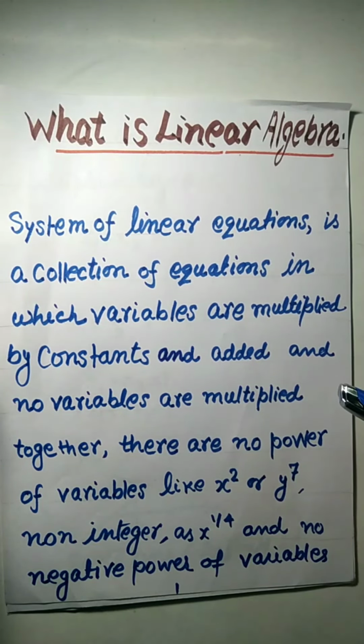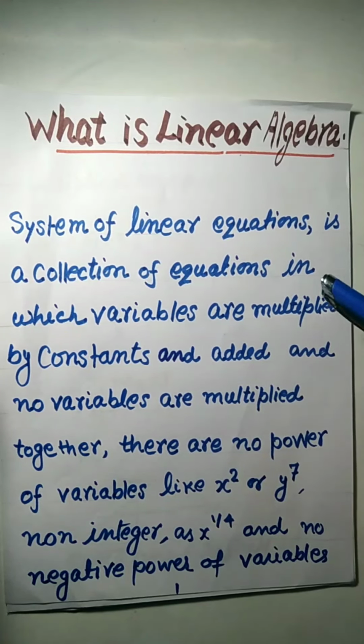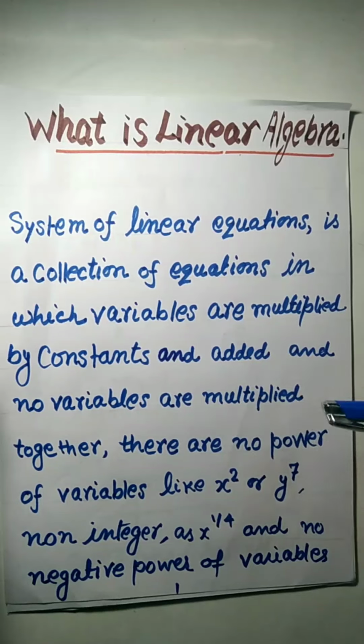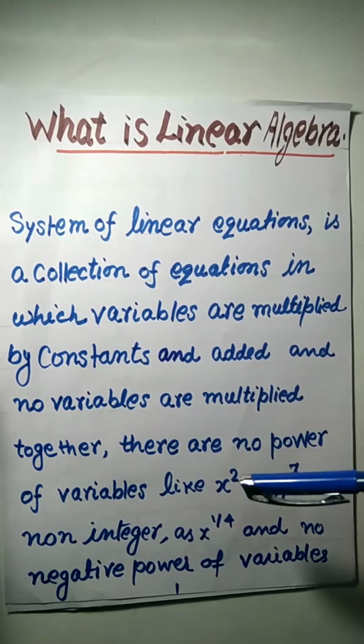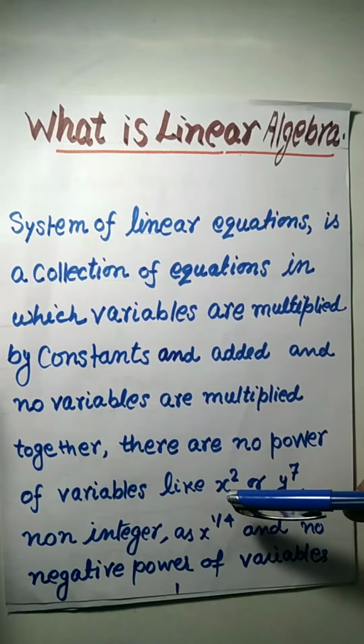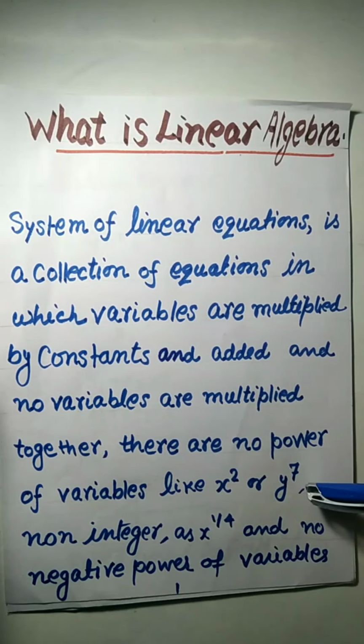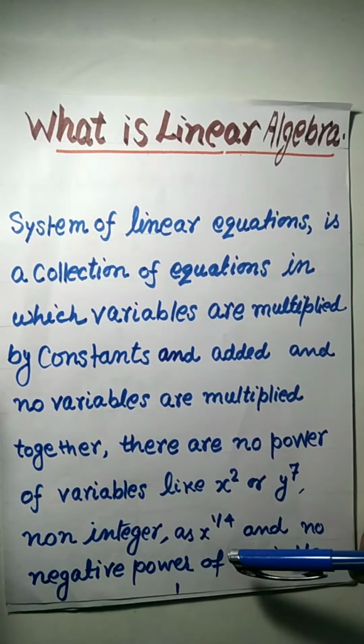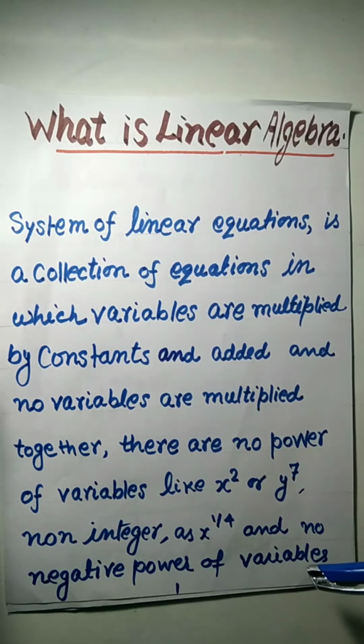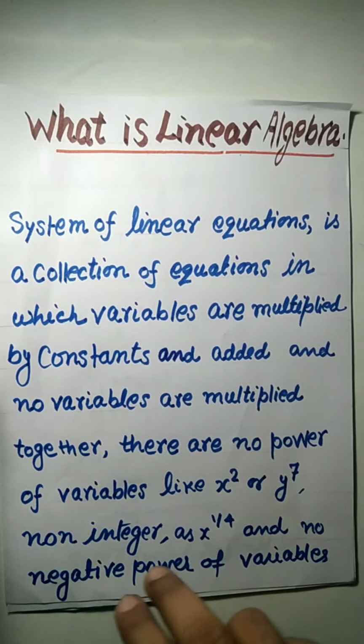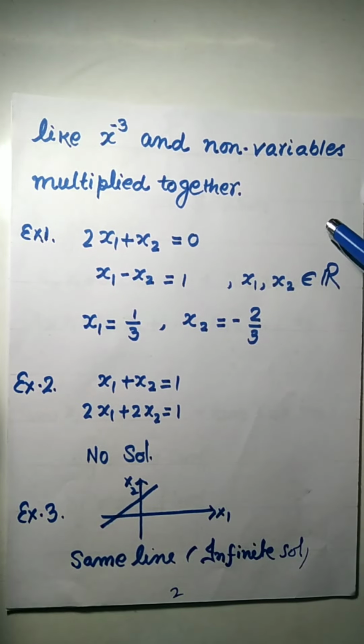We can say a linear equation is an equation defined by a linear function on a linear space, and a system of linear equations is a collection of equations in which the variables are multiplied by constants and added, and no variables are multiplied together. There are no powers of variables like x^2, y^7, etc., no non-integer powers such as x to the power 1/4, no negative powers of variables, and no variables multiplied together.